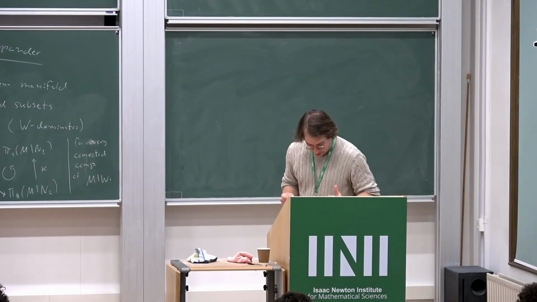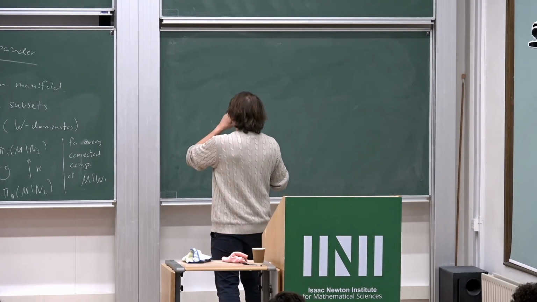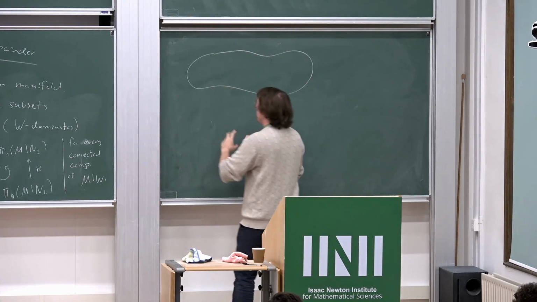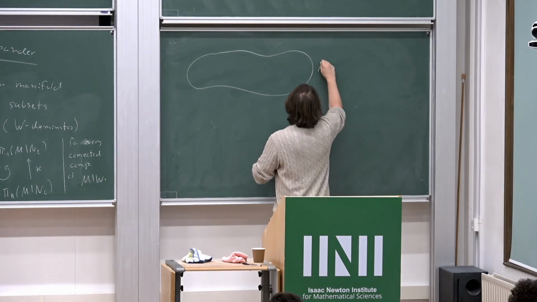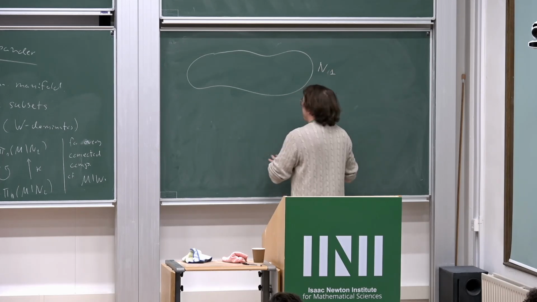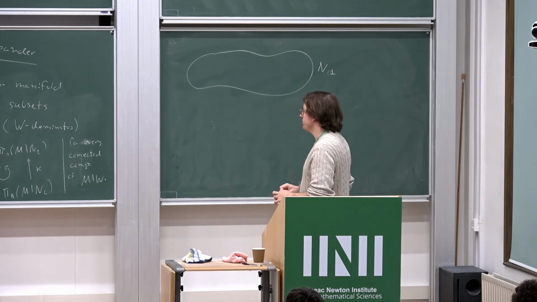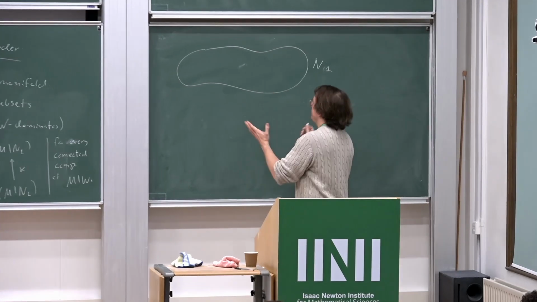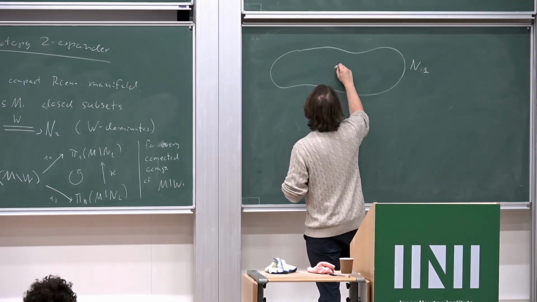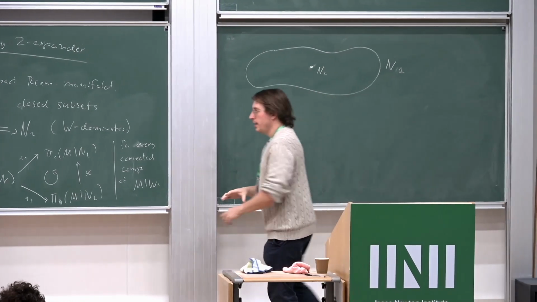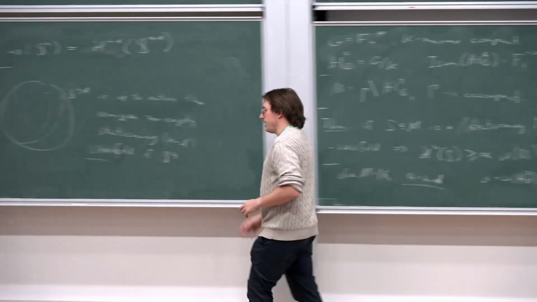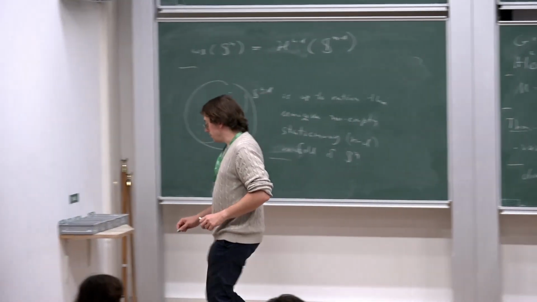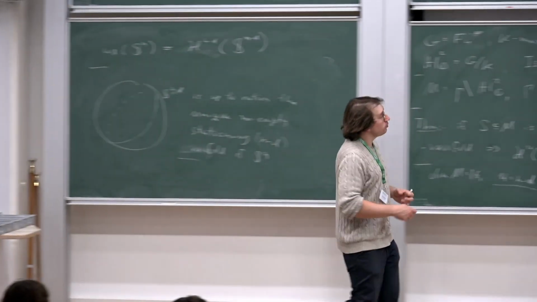I'll try to give you some geometric intuition. What does it mean? So you imagine your N1 is some kind of a loop in a 3D space. This is N1. And N2 will be maybe a smaller loop. Yeah, let's make it, no, this is too trivial. Let's make it a point. This is N2. And as W, I want to take some kind of a surface that is filling N1 and contains N2.